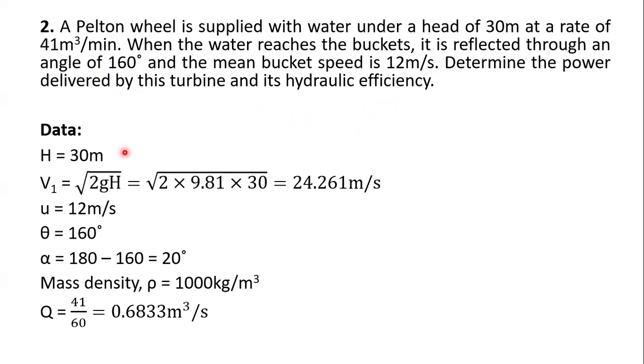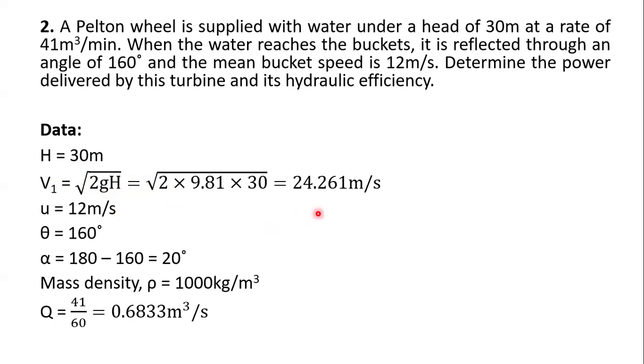So we start again. Our head is 30 meters, velocity 1. To know how much velocity we are having when the water is just coming out after it has been delivered, we use this formula. Like we had said, in this case, we don't have the coefficient of velocity, so we just say root 2gh, no problem. So root of 2 times 9.81 times the head, which is 30.